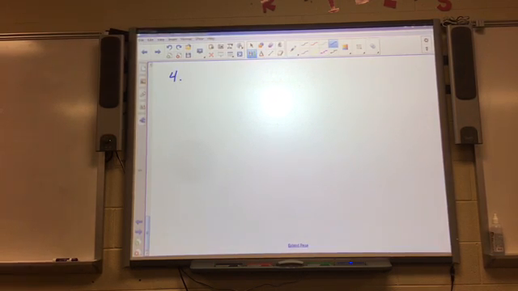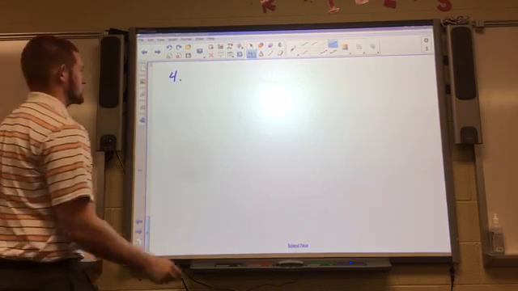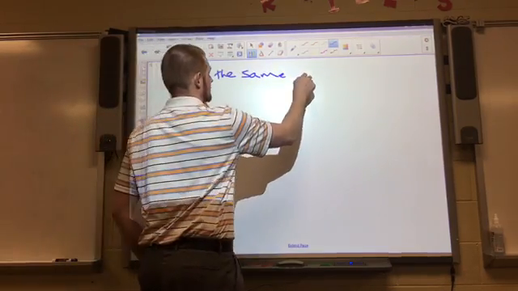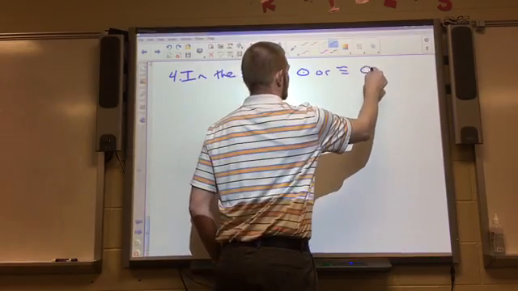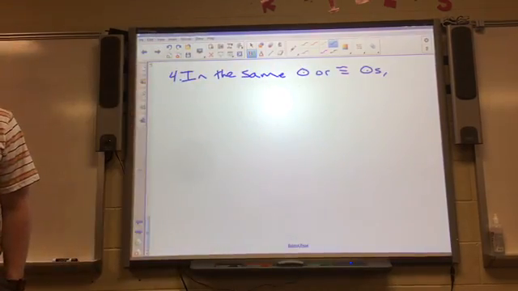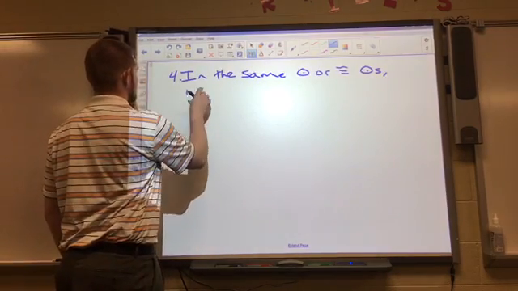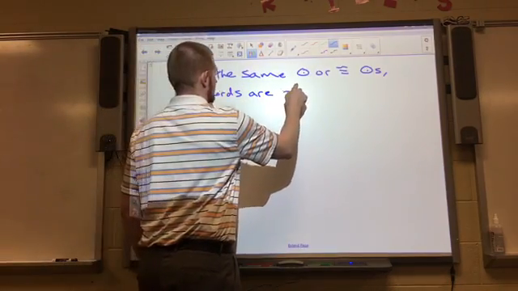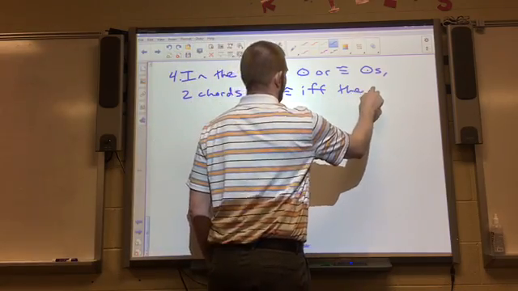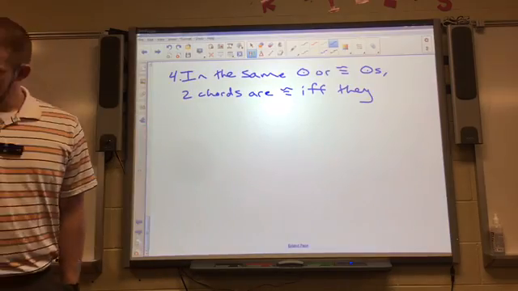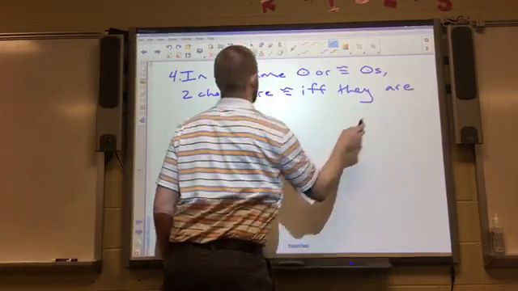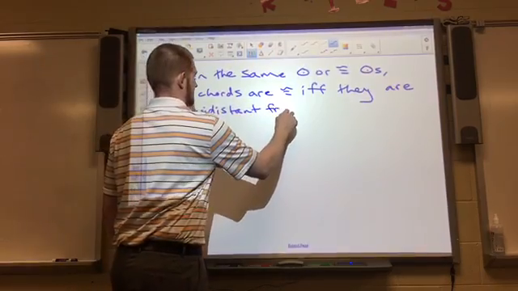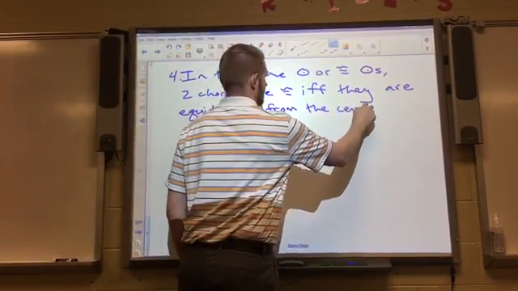Alright, last theorem says that in the same circle or congruent circles, two chords are congruent if and only if they are equidistant from the center point.